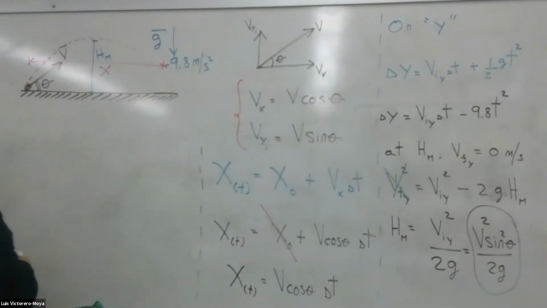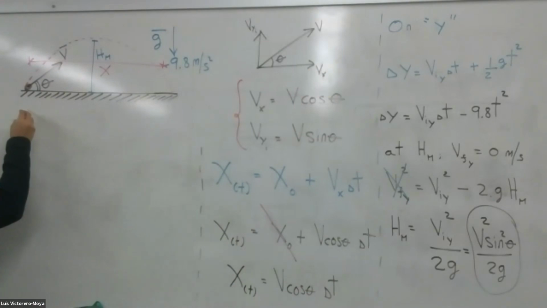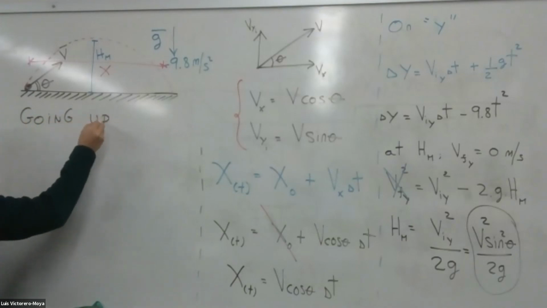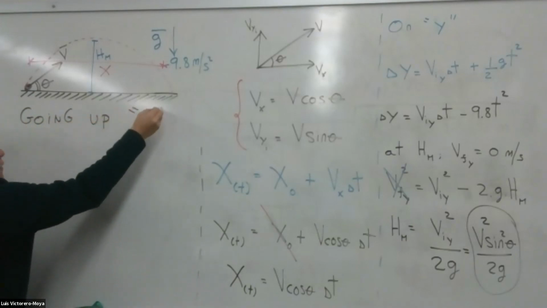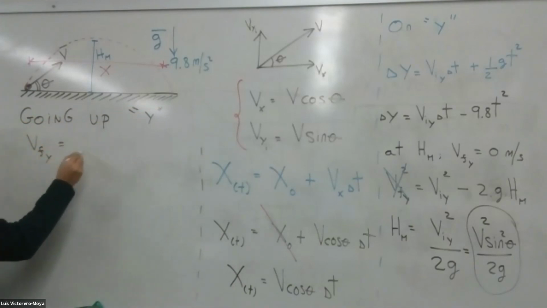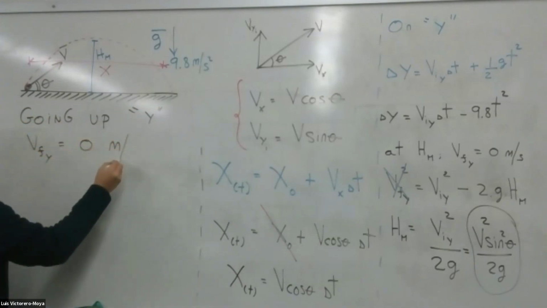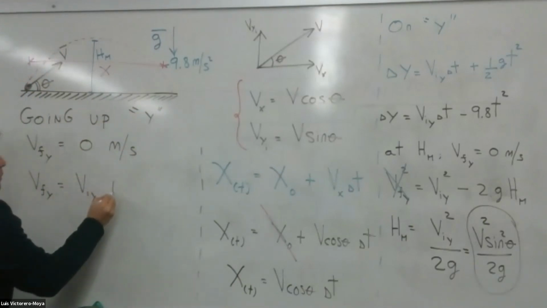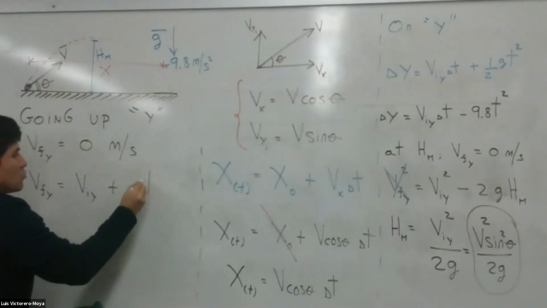I can say again on y, going up on y, the final speed on y is 0. Maximum height, that's the time to go up. So the final speed on y equals the initial speed on y plus gravity times the time to go up.